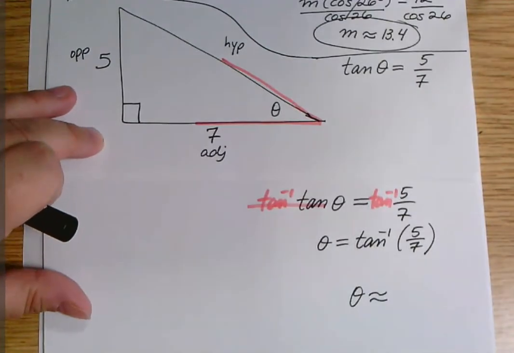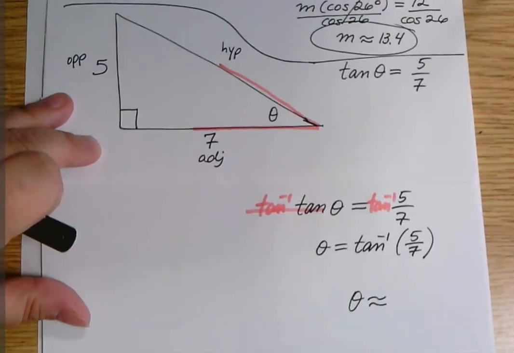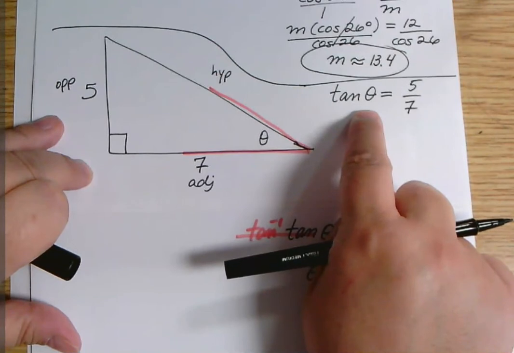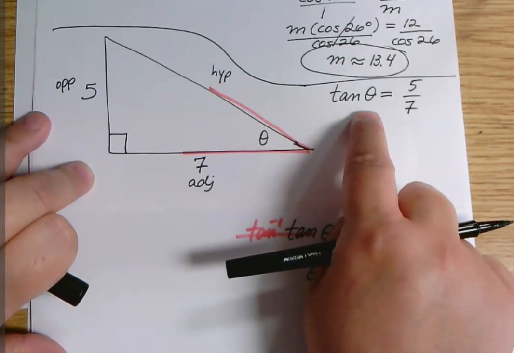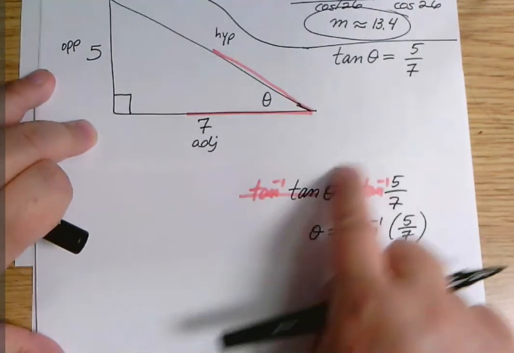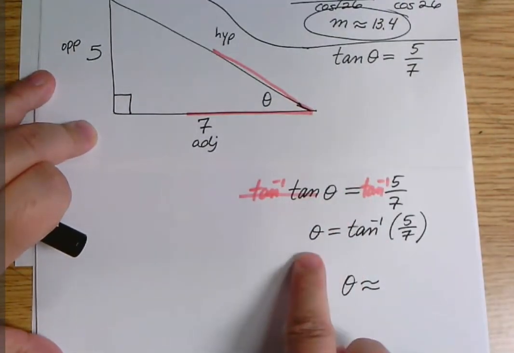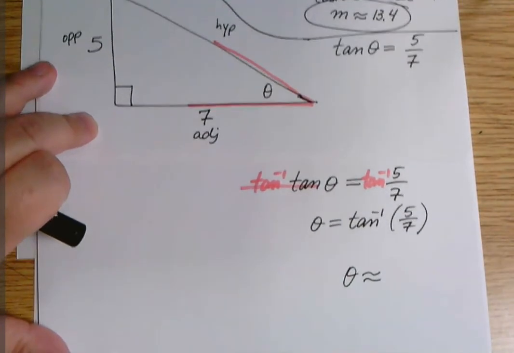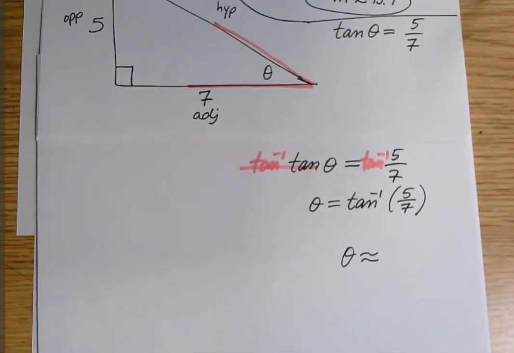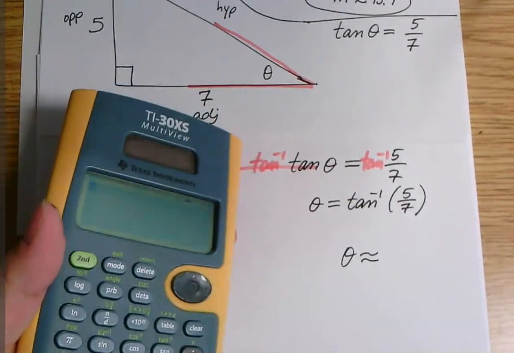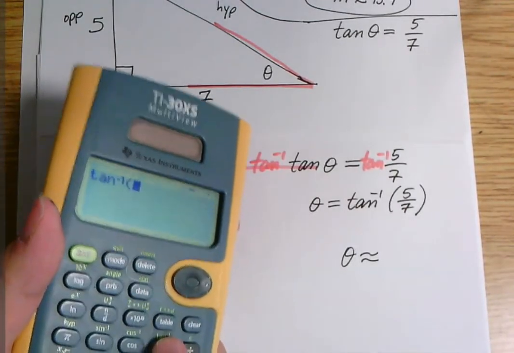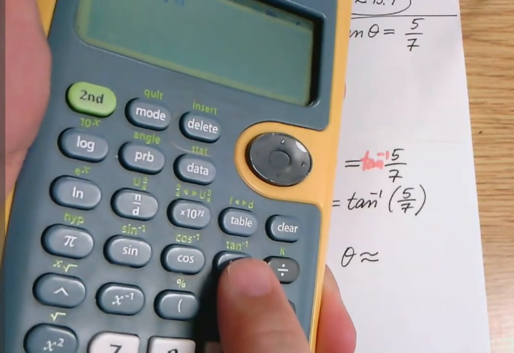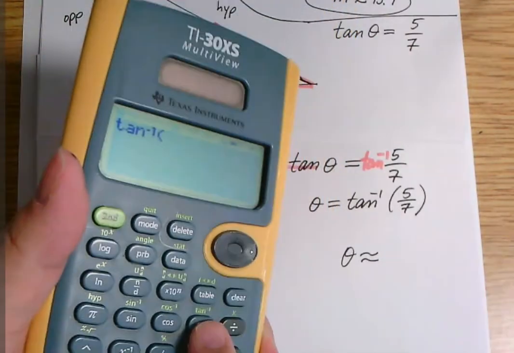This is like working backwards. The inverse is like working backwards. It's like they said, hey, I took the tan of my angle and I got 5/7. You tell me which angle I took the tan of. So you're working backwards to find out what angle has a tangent value of 5/7. And that's inverse tan. It's going to help me work backwards. So I do second and tan, because right above the tan is a little inverse tan.